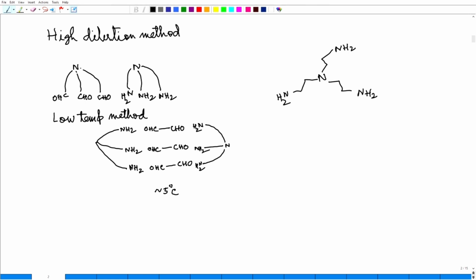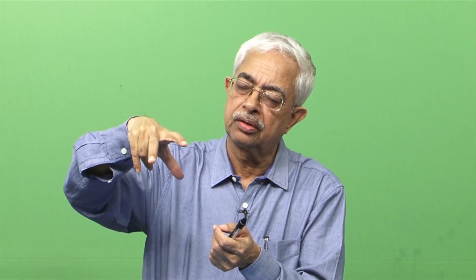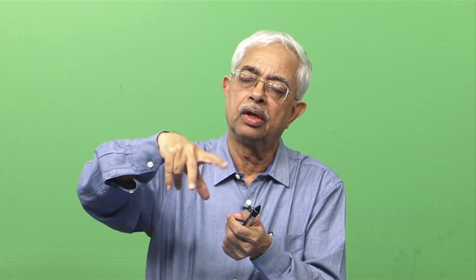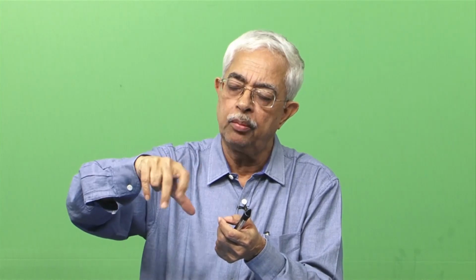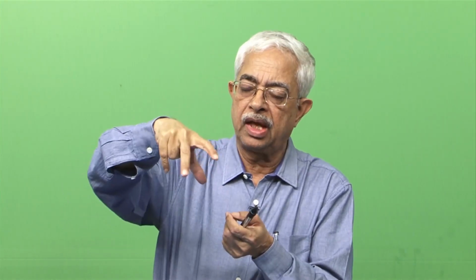At around 5 degrees, this amine will not roam around as much; they will be almost fixed in one position because the temperature is so low. At room temperature they are moving, but when the temperature is low, they will be like this, and that is why two are coming this way, and the glyoxal is linear.